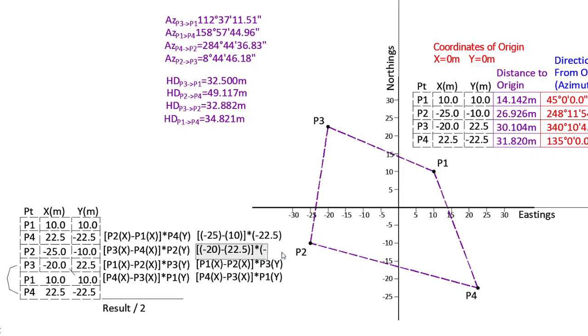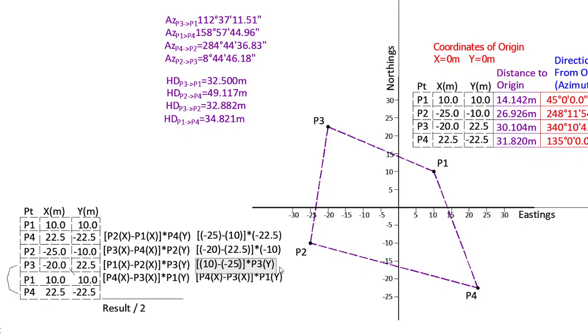So minus 10. And let's just click on here. This is coordinate x for P1. So this is 10. And then the coordinate x for P2, which is minus 25.